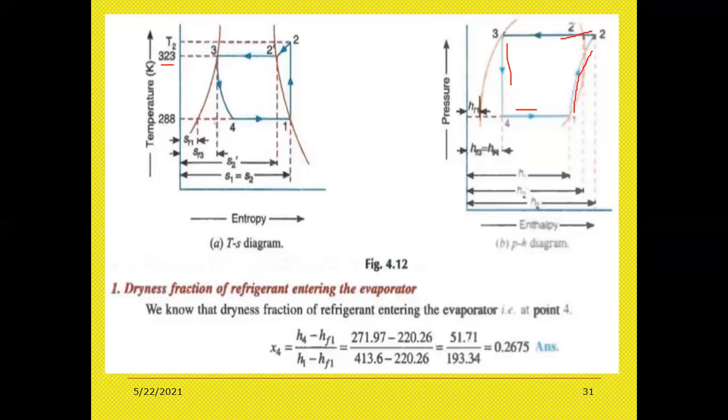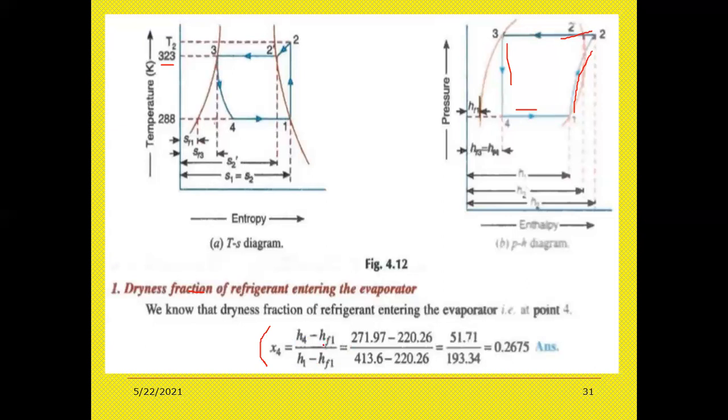Now what is to find: determine the dryness fraction of the refrigerant entering the evaporator, that is at point 4. At point 4, x4 is equal to H4 minus HF1 divided by H1 minus HF1.